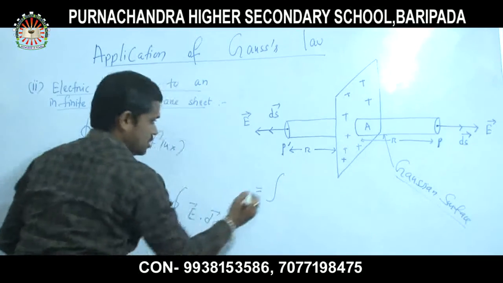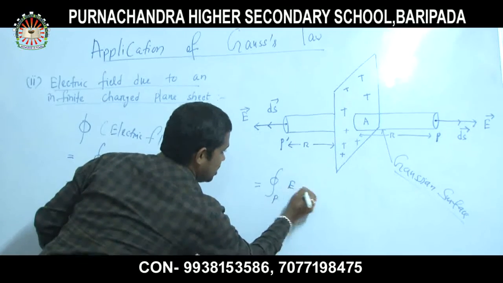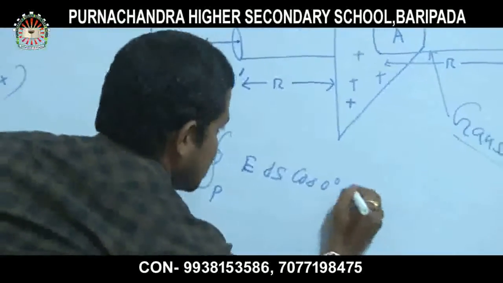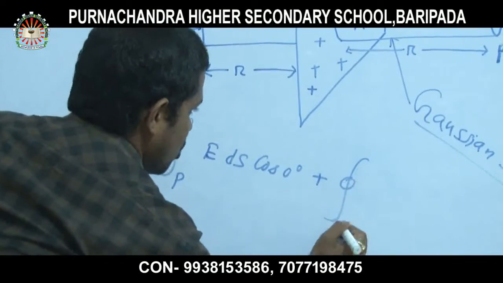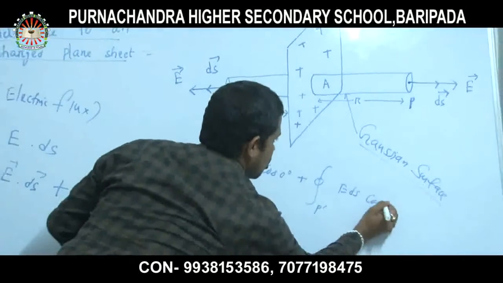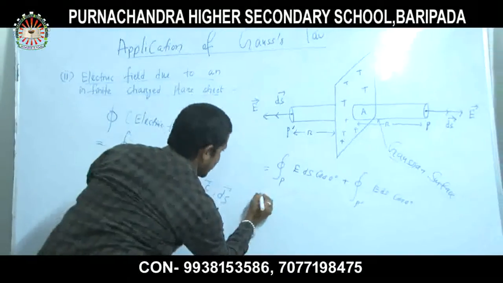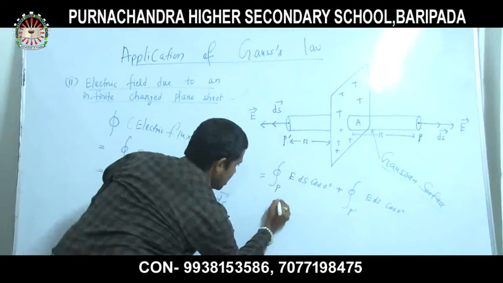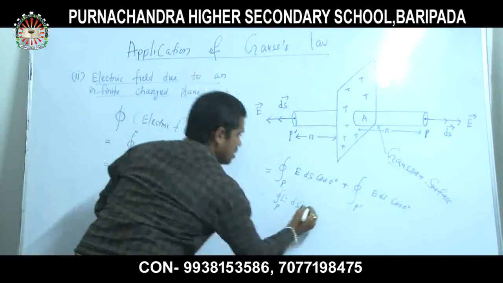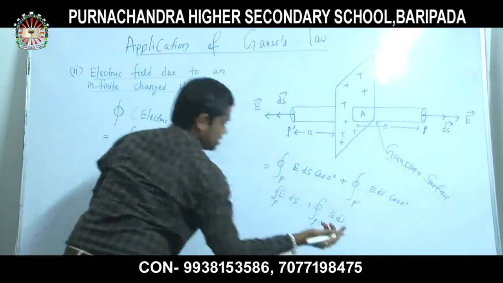So close integration over P of E ds cos 0 degree, plus close integration over P dash of E ds cos 0 degree. Very simple. This is also 0 degree, this is also 0 degree. So that's why this is E ds close integration over P plus close integration over P dash E ds.